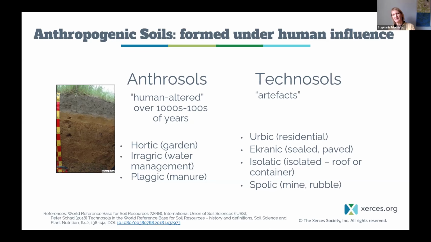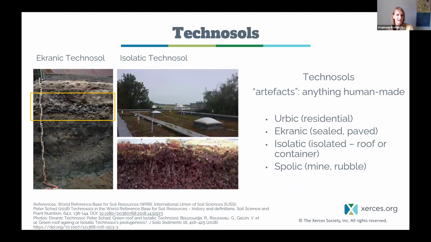Even the soils we're putting on roofs have their own category called isolatic. And also when we're creating new material through the spoils from mines or other rubble that we pile up, that's a kind of technosol as well. Here are just a few more examples.